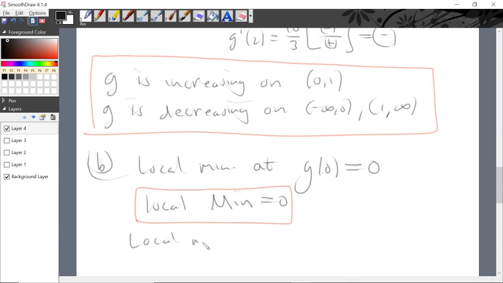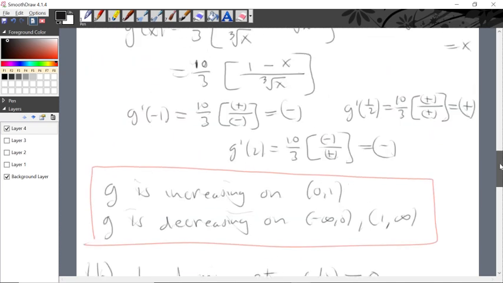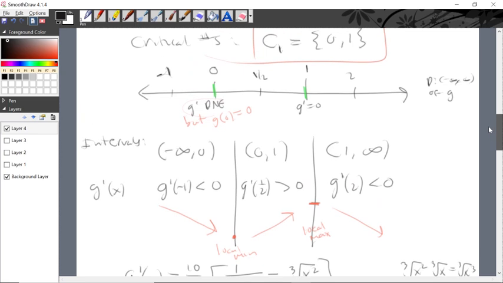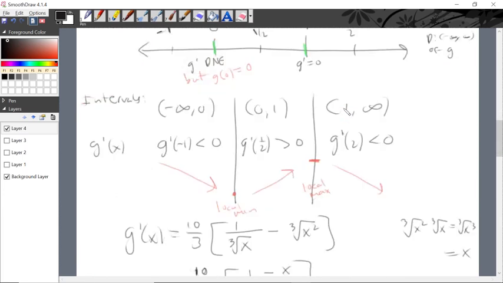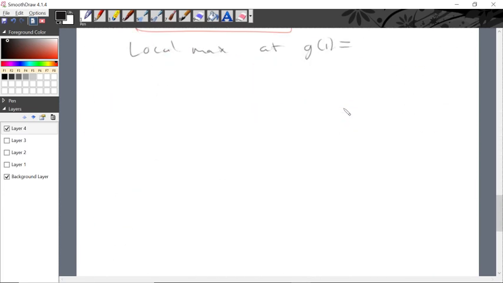We have a local max at x equals 1. And what is g of 1? It's going to be 5 minus 2, right? So g of 1 is equal to 5 times 1 to the 2/3 minus 2 times 1 to the 5/3, that equals 5 minus 2, which is equal to 3.